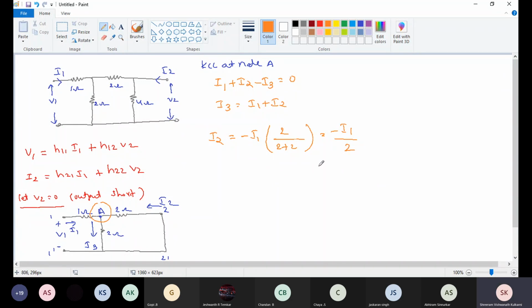Now we know V2 equal to 0, so I can write H21 is equal to I2 by I1, where V2 is 0, that is minus 0.5, minus 1 by 2.